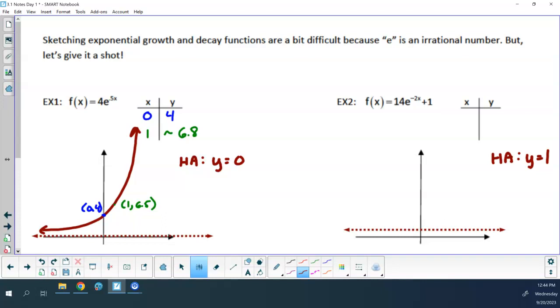This is going to be a decay. So let's plug in 0. If I plug in 0, I get how much? 15? Everybody agree on 15?